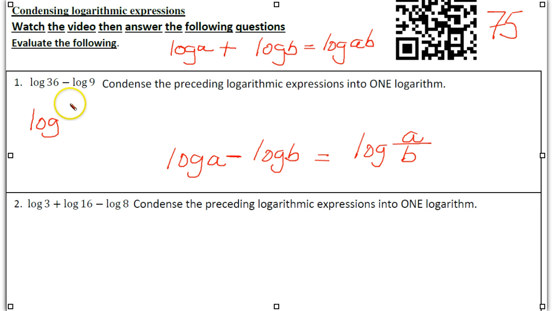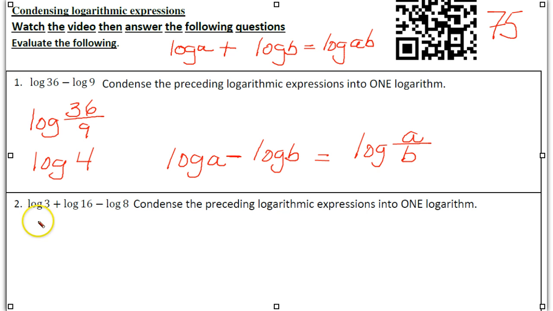We're going to divide. So this is 36 divided by 9. And we could actually simplify that to the log of 4. So this was the expanded form. We put it in its condensed form, and we actually simplified it.